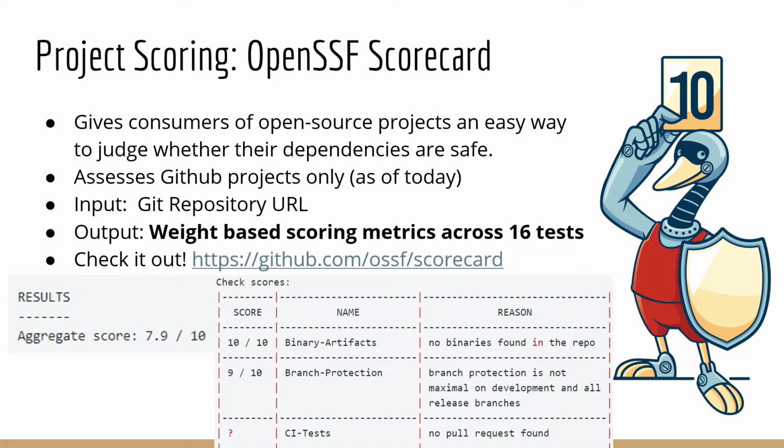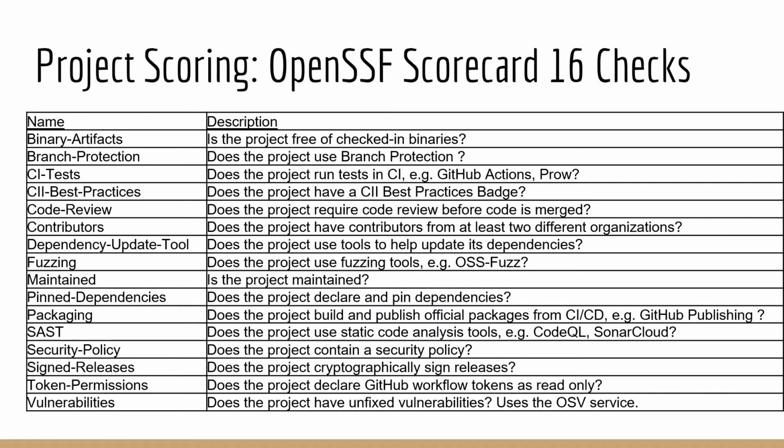It helps to identify whether your dependencies are safe or not. Why is this really interesting? Well, it could help you make automated risk-based decisions. Perhaps your organization can define a minimum OpenSSF scoring criteria for your dependencies. Here are the 16 checks. It covers a lot of different areas of the package.